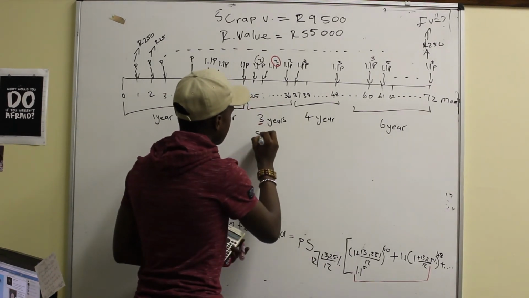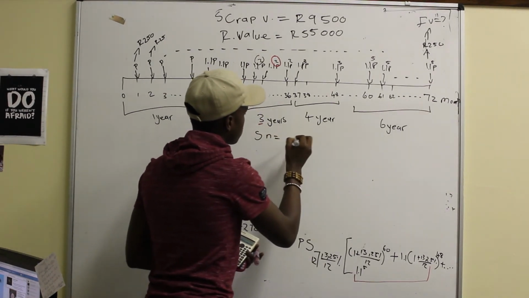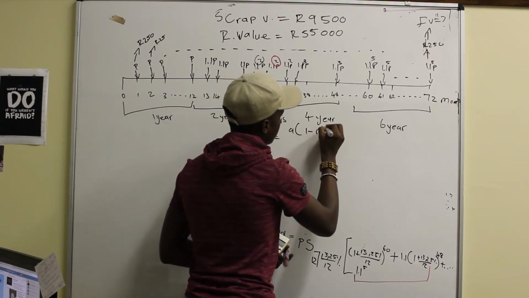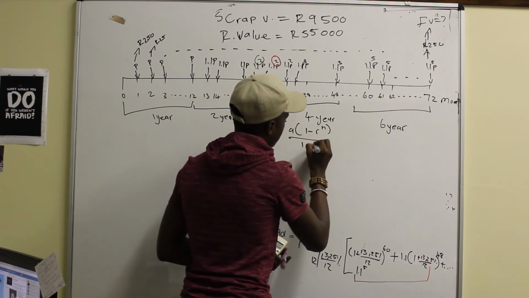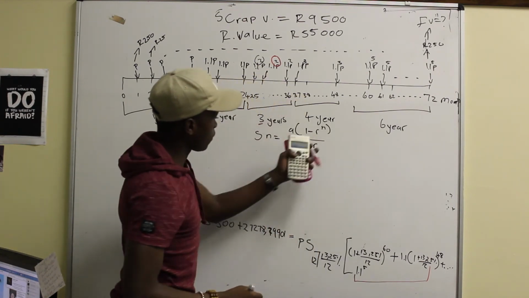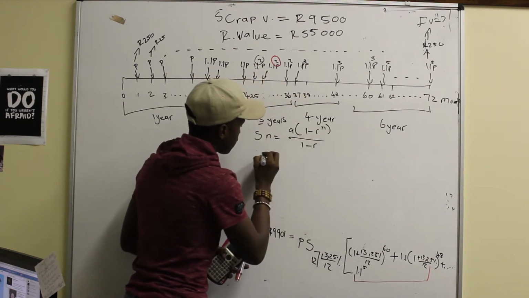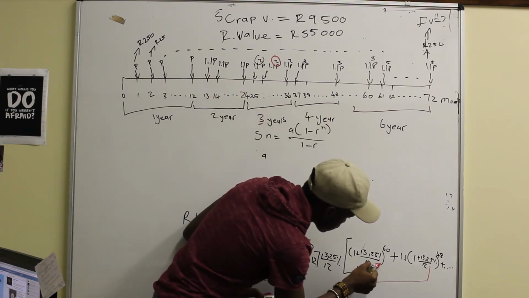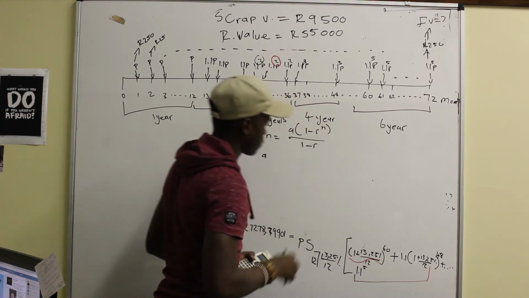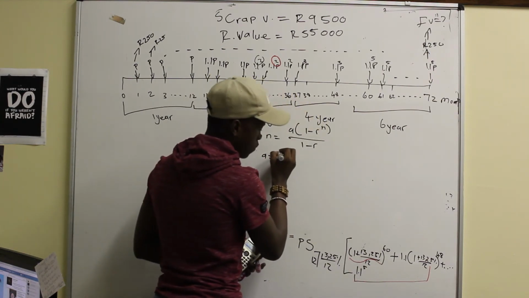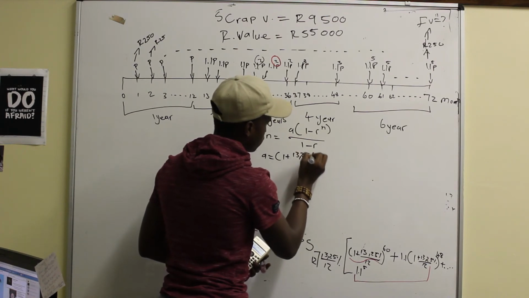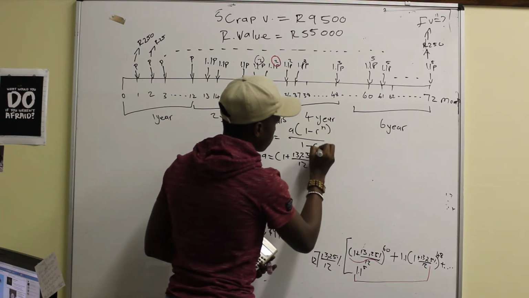So the sum formula is Sn equals A open bracket 1 minus R to the n divided by 1 minus R, right? After this, I just need to find my A. The first number in the brackets is my A. So A is equal to 1 plus 13.25% divided by 12 to the power of 16.